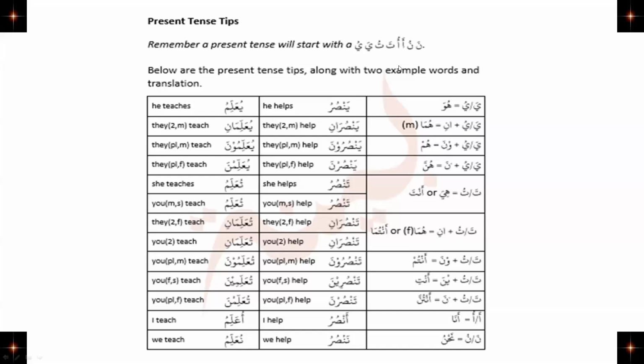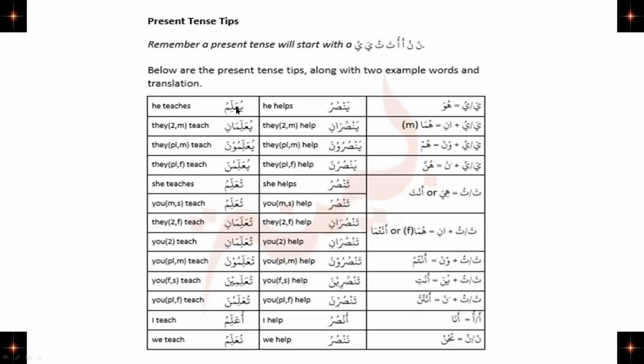It will start with either na or nu, depending on the family. For instance, any fi'l that does not have any shadda in the middle, like nasara, kataba, jalasa, dhahaba, all those will start with ya for huwa.